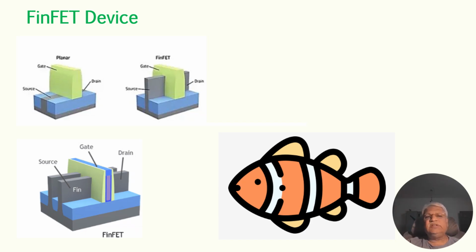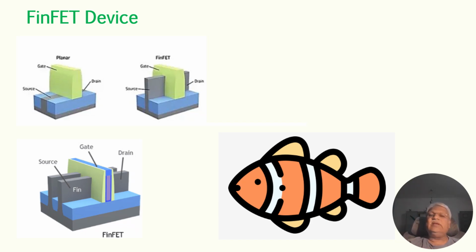So if you see, a 5 nanometer process would contain a metal one pitch of 30 nanometer, contact to gate pitch of 51 nanometer, fin pitch of 25 to 27 nanometer, like that. These dimensions are very important, and they need to be very controllably created.